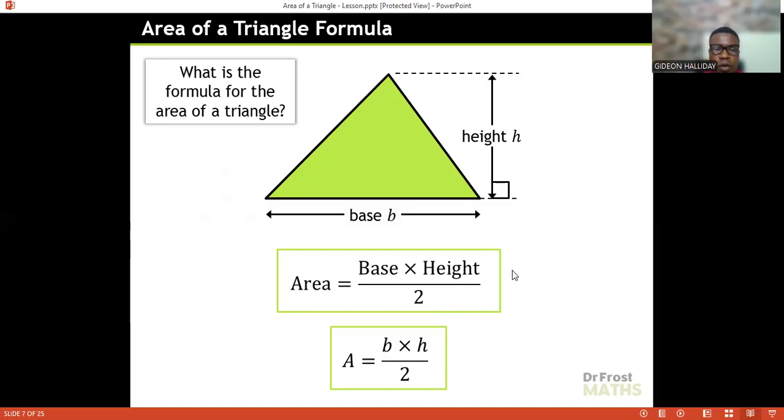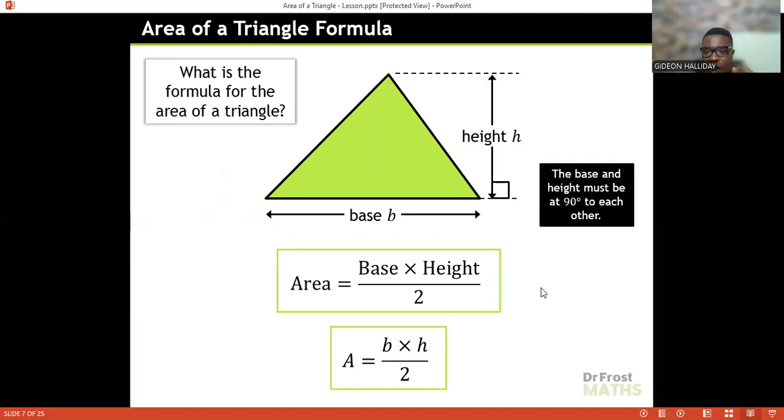So you can write this in your book, pause the video, and record this for reference in your book. Now, the base and the height must be perpendicular, meaning they must form a 90-degree angle to each other. So you're not using this line as the height.